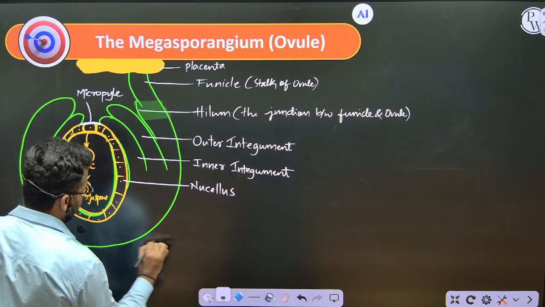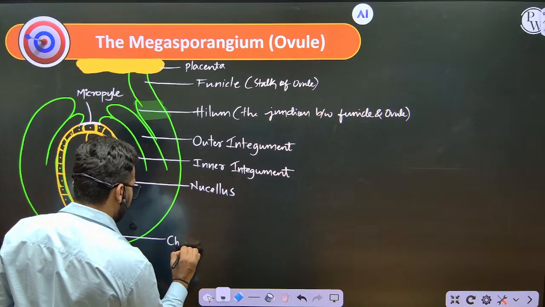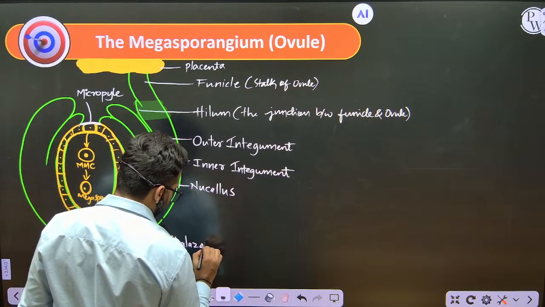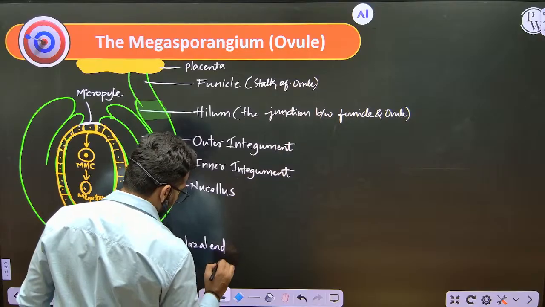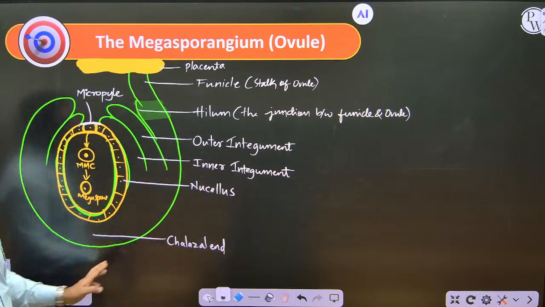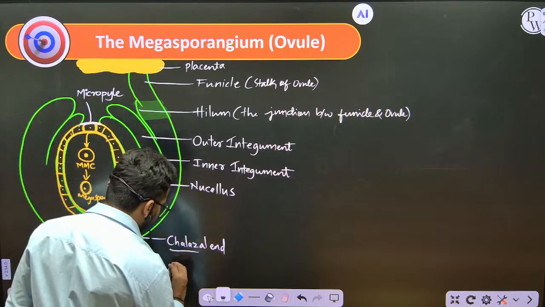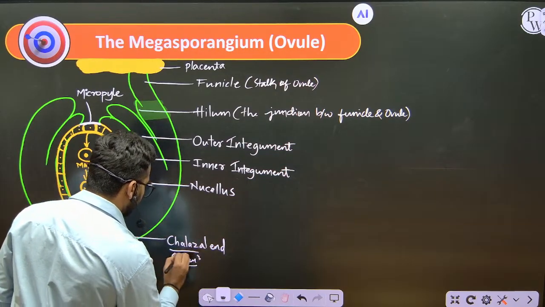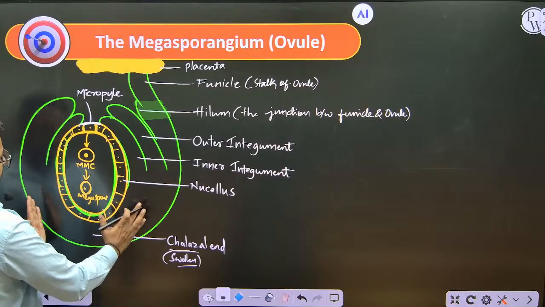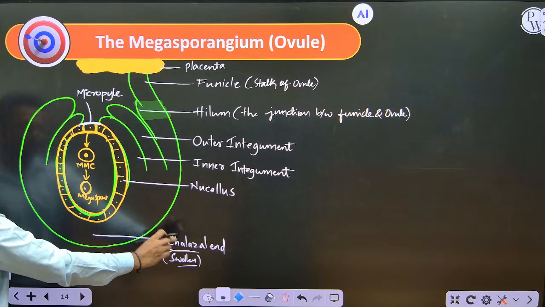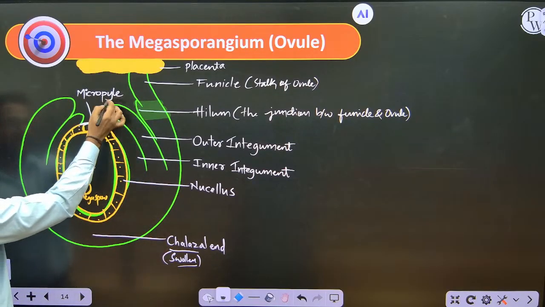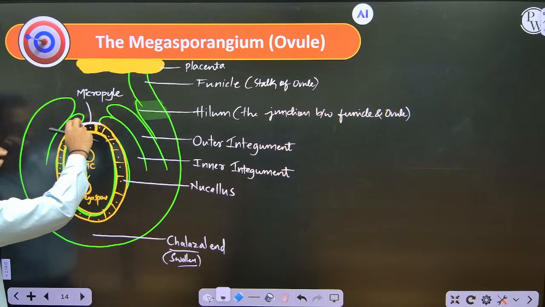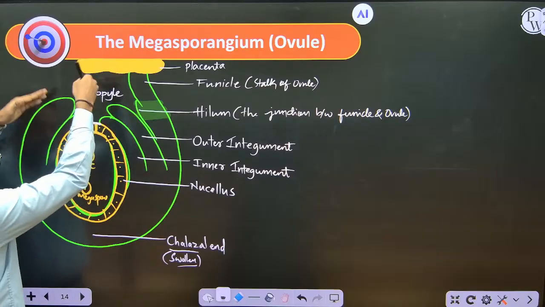The swollen base, we call chalaza, or the chalazal end. The word chalaza indicates swollen. So the swollen base of this ovule is the chalaza, and opposite to that it has the micropyle, the opening or gate, the entry of this ovule.